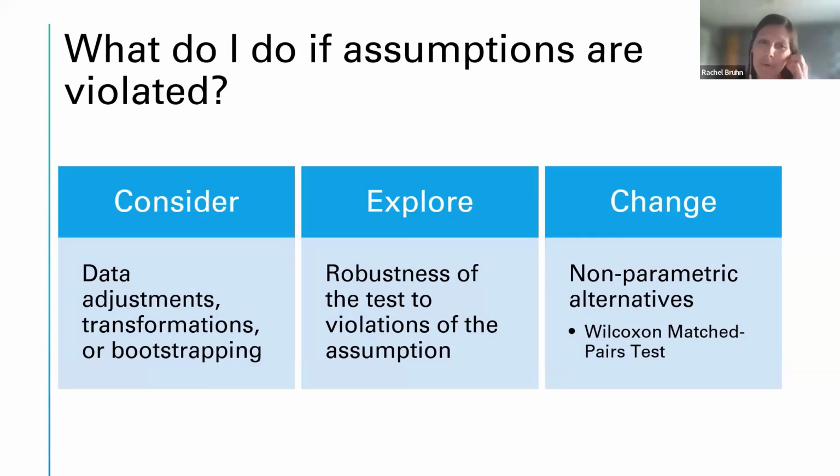We are not going to go into most of these, but I would encourage you, if you're in a position, don't jump straight to change. Explore those other options first, because that may allow you to salvage your data that you already have and allow you to continue with a parametric test, which has a lot more generalizability than a non-parametric. So consider the other two options before jumping straight to, oh, I just can't do it, and do something else.